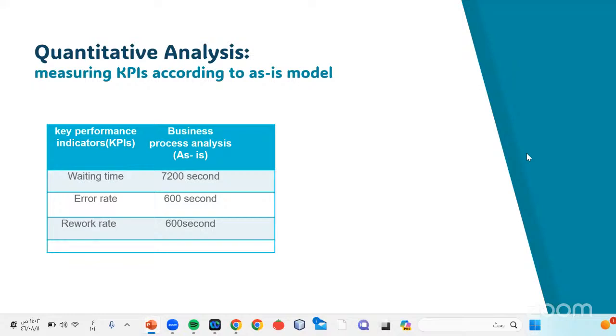This is the time spent correcting mistakes, such as fixing incorrect shipments or updating inaccurate records. A high rework rate increases the operational cost and reduces our productivity.